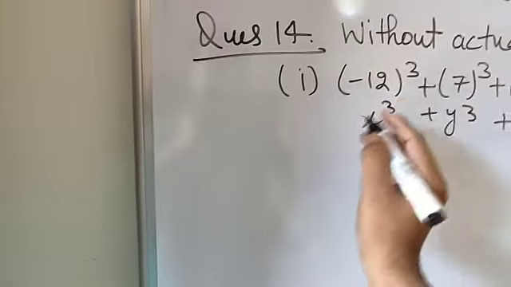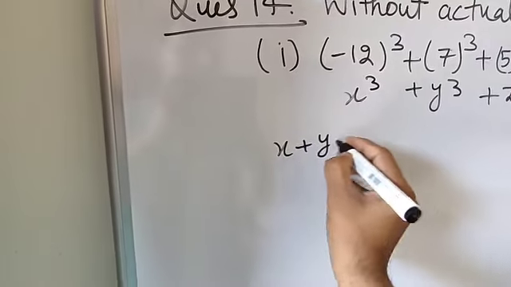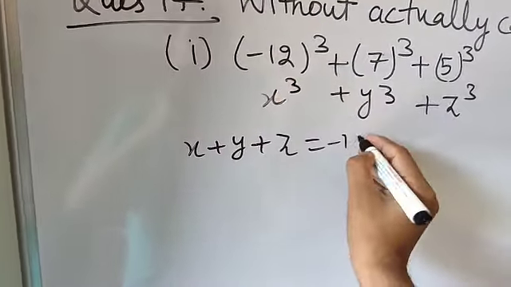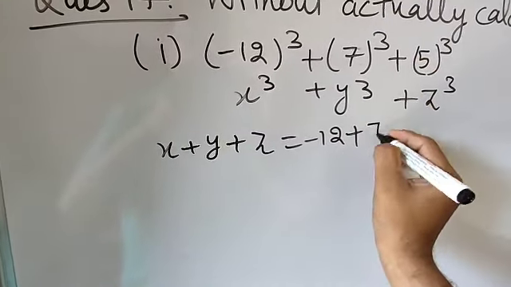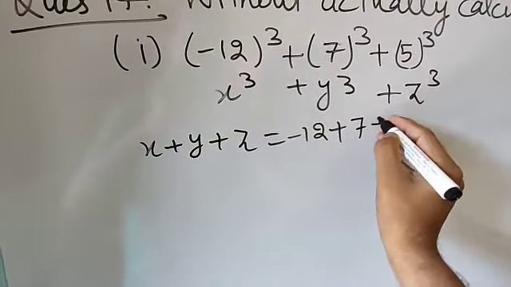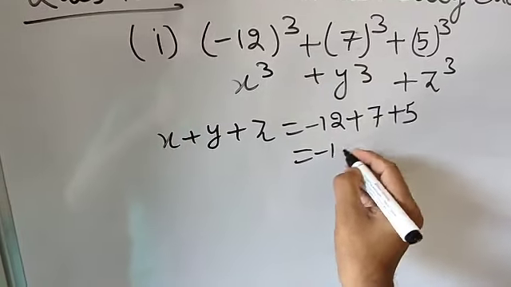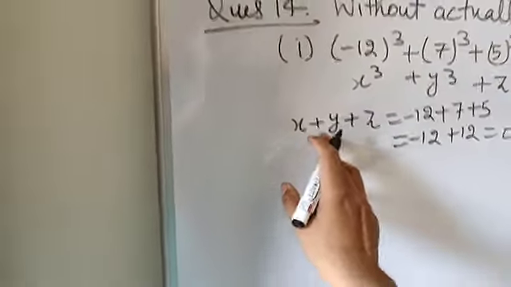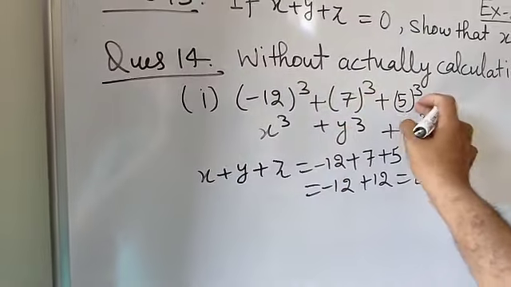Now I am going to add x plus y plus z. At the place of x, minus 12 is there. So minus 12 plus y 7 plus z 5. So it will be minus 12, 7 plus 5, 12. That is equal to 0. So if I add all these three, that is equal to 0.